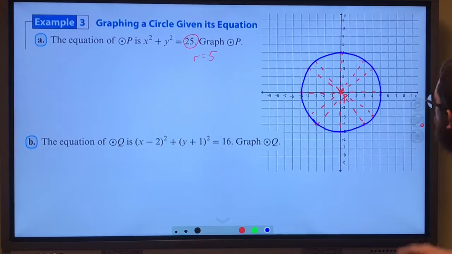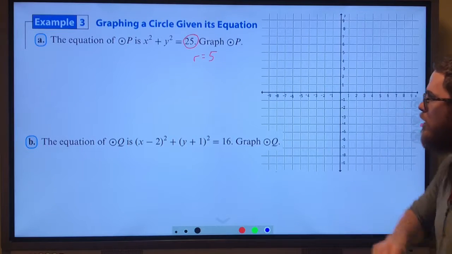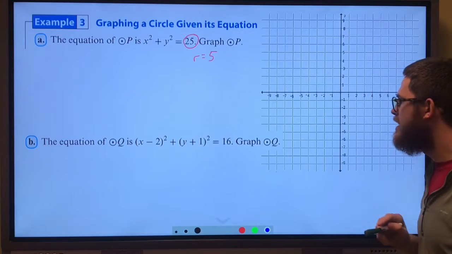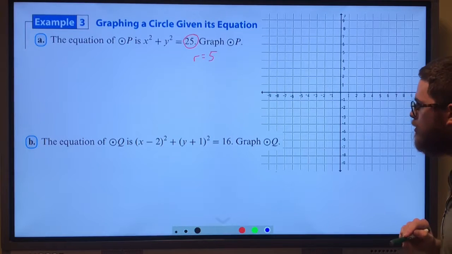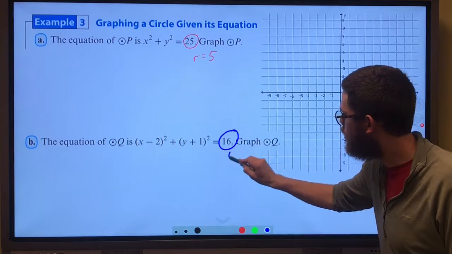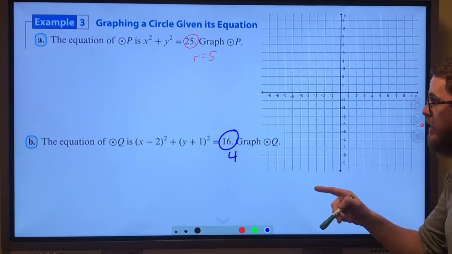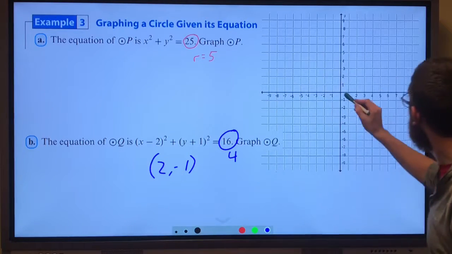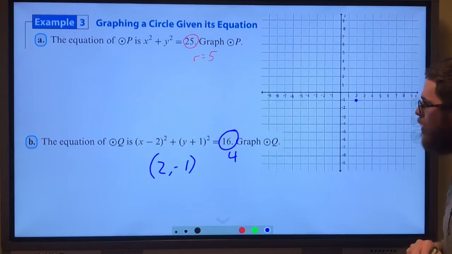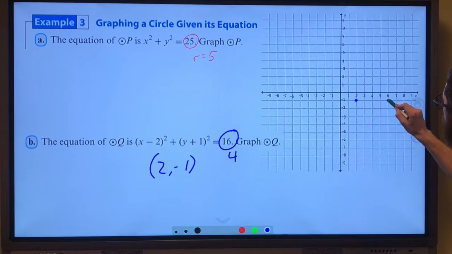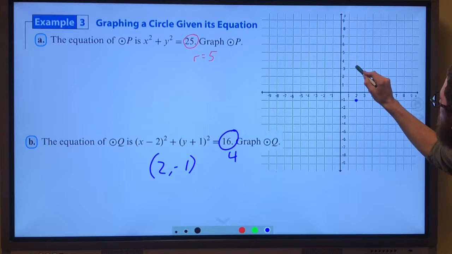Okay, the next one, the equation of circle Q is (x - 2)² + (y + 1)² = 16. Since it equals 16, the radius is 4. The center would have to be (2, -1), which would be right there. Since it has a radius of 4, I'm going to go 1, 2, 3, 4 in every direction.